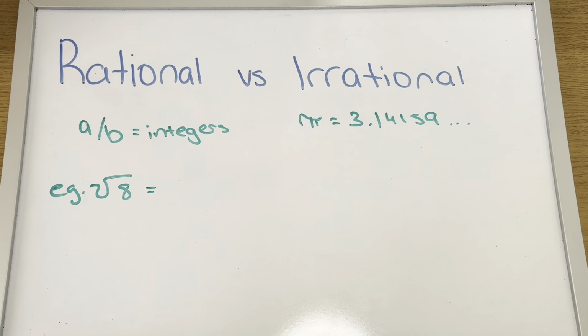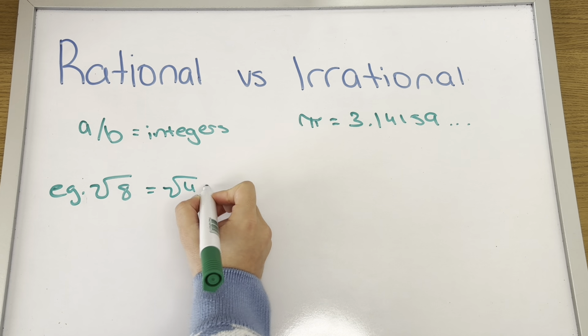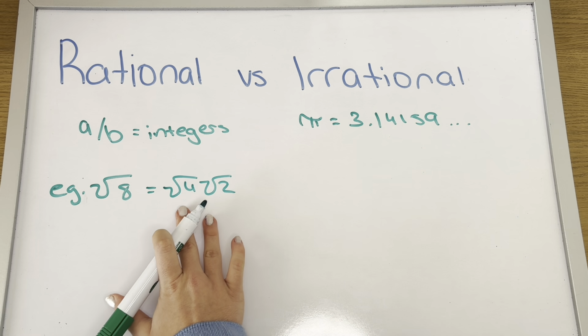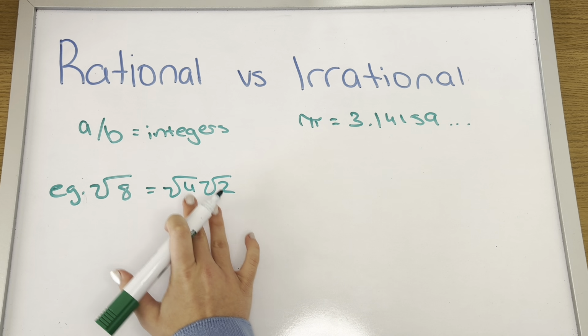So the two numbers would be 4 and 2. When two numbers are beside each other, just a reminder, they're multiplying.